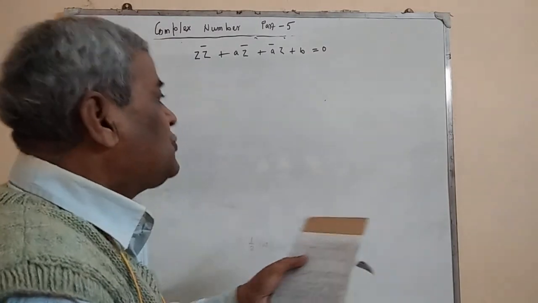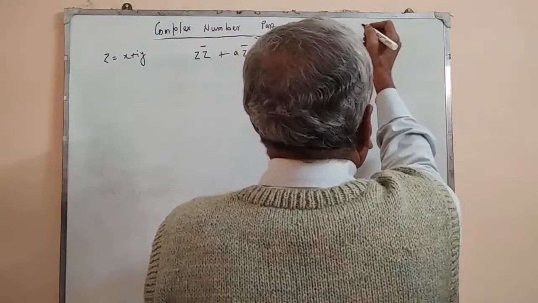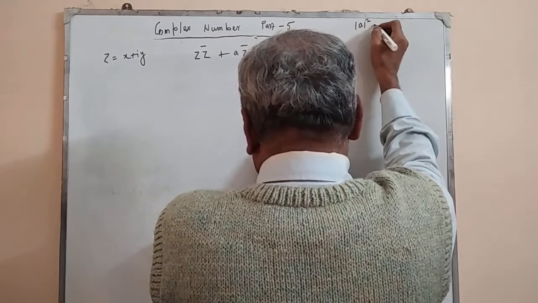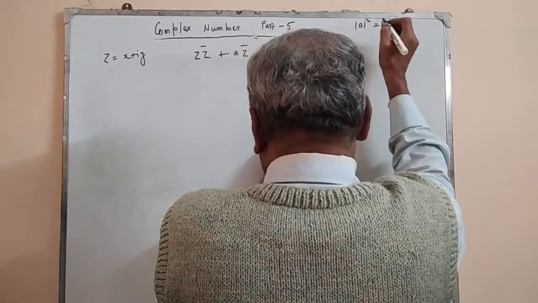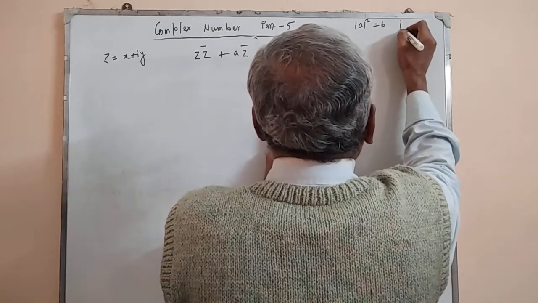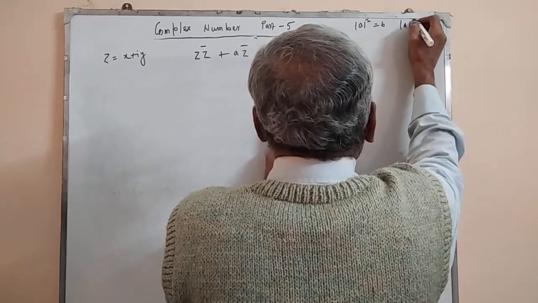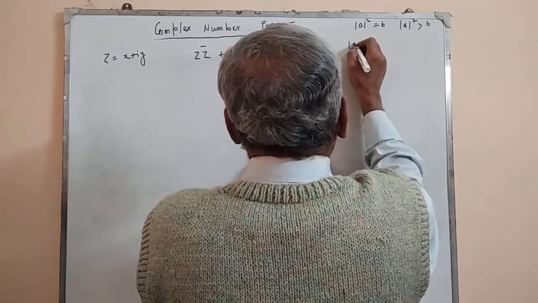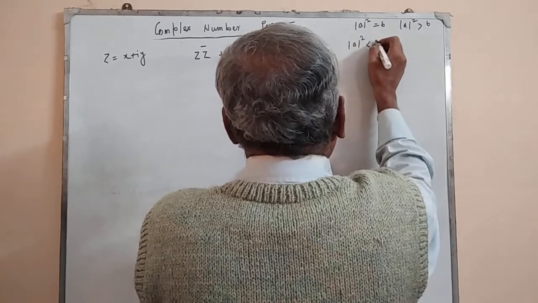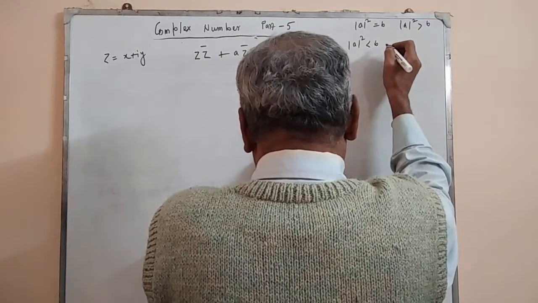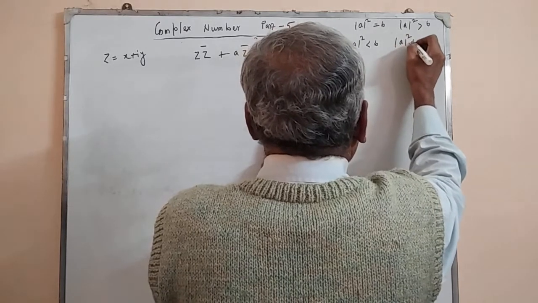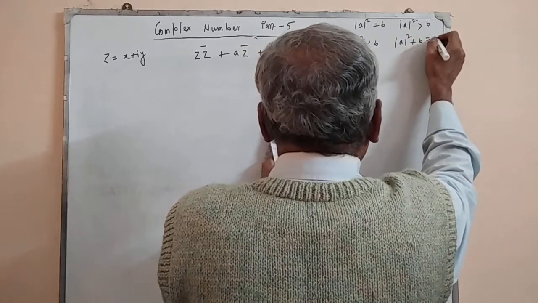Then which one is true? Number one, magnitude of a squared is equal to b. Magnitude of a squared greater than b. Magnitude of a squared less than b. And magnitude of a squared plus b is equal to 0.